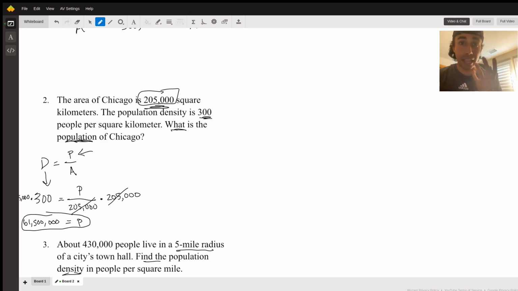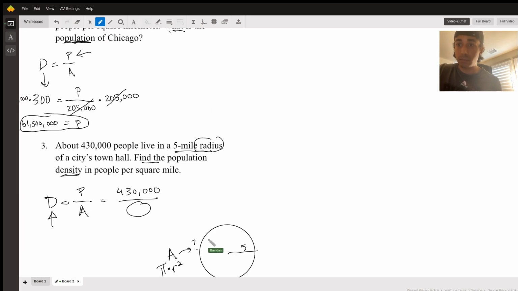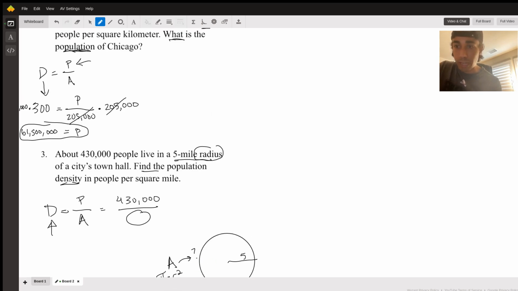Well, we need to find the area of a circle. Whenever they give you a radius, you want to be thinking circle here. The formula for the area of a circle is pi times the radius squared. Luckily we know the radius. It's 5, so we can substitute that: pi times 5 squared.